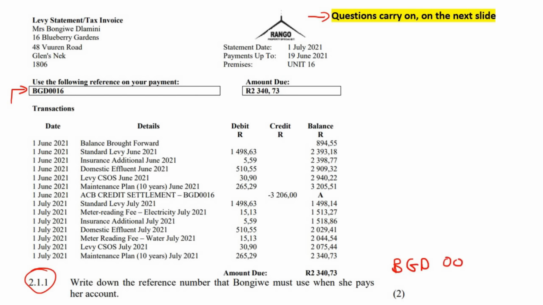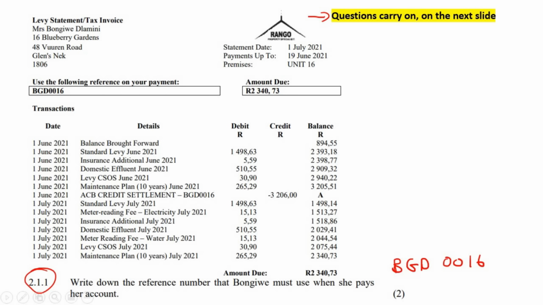BGD 0016. Just out of your own interest, what that means is that when she pays this company on the banking app that you use, or maybe she takes it into the bank, she needs to tell the people that she's paying, she needs to put this as a reference number.